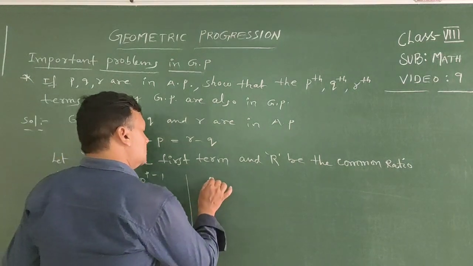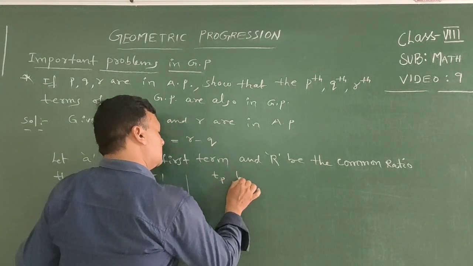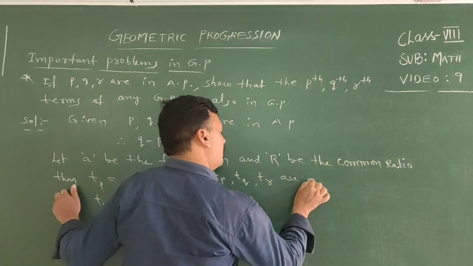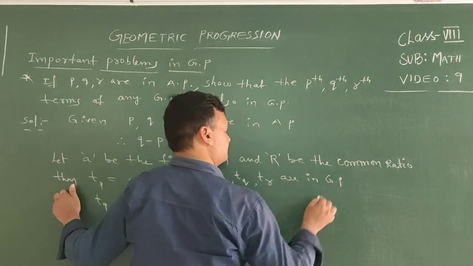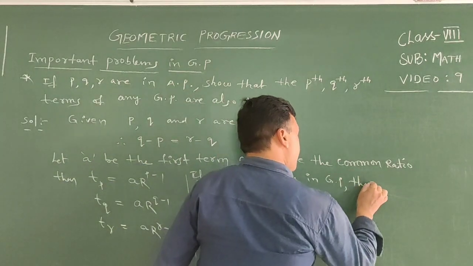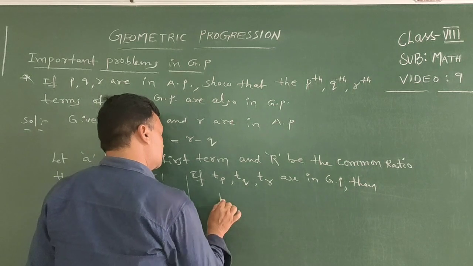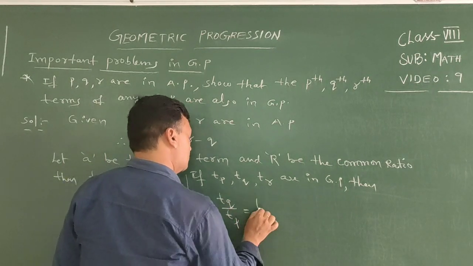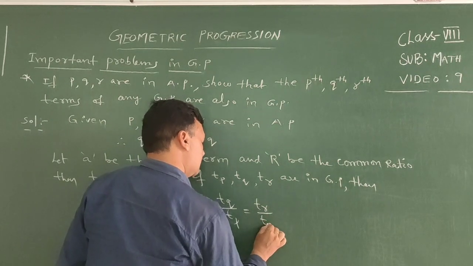So, TP, TQ, TR are in GP. If so, then TQ by TP equal to TR by TQ.